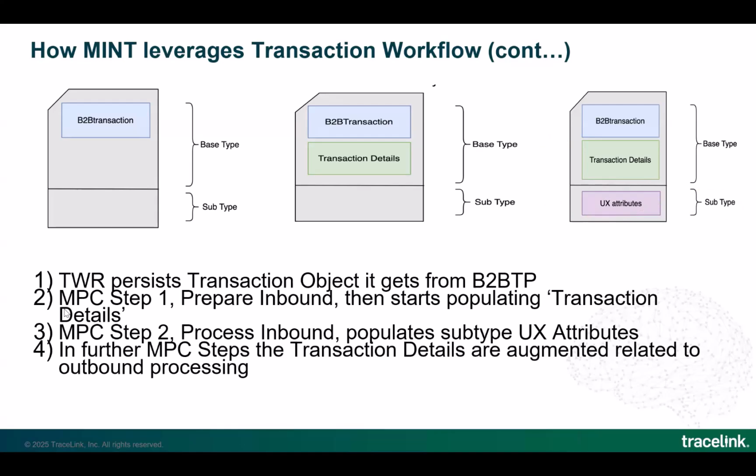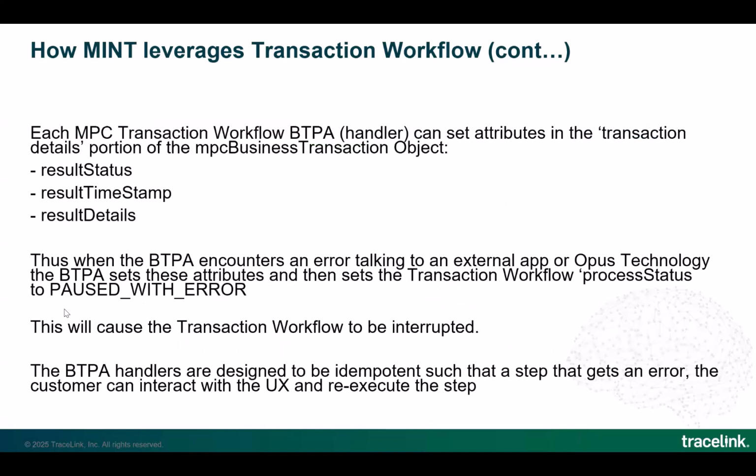Okay, so let me complete this first. And there might be errors as well. What this slide means is that during all these processing stages, there might be some issues because of which there might be an error.